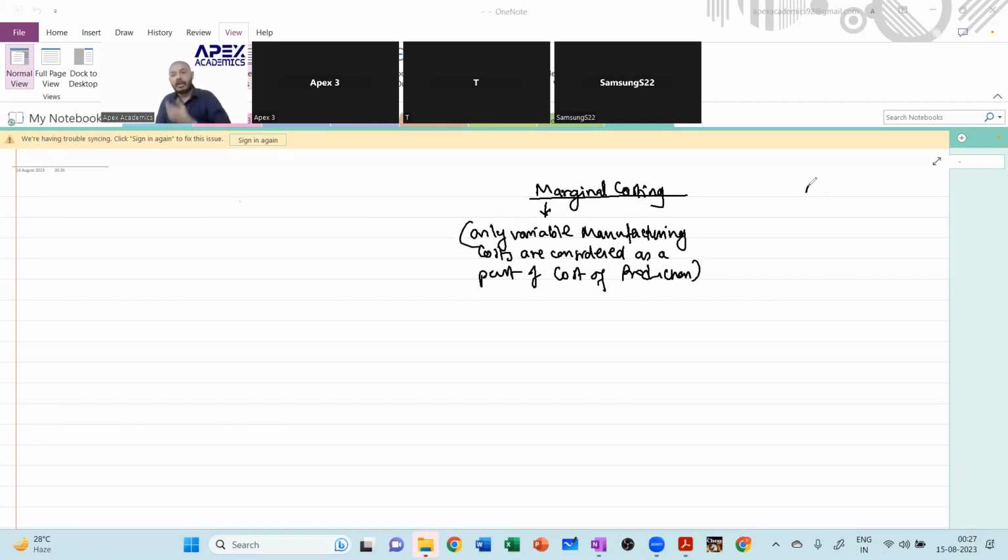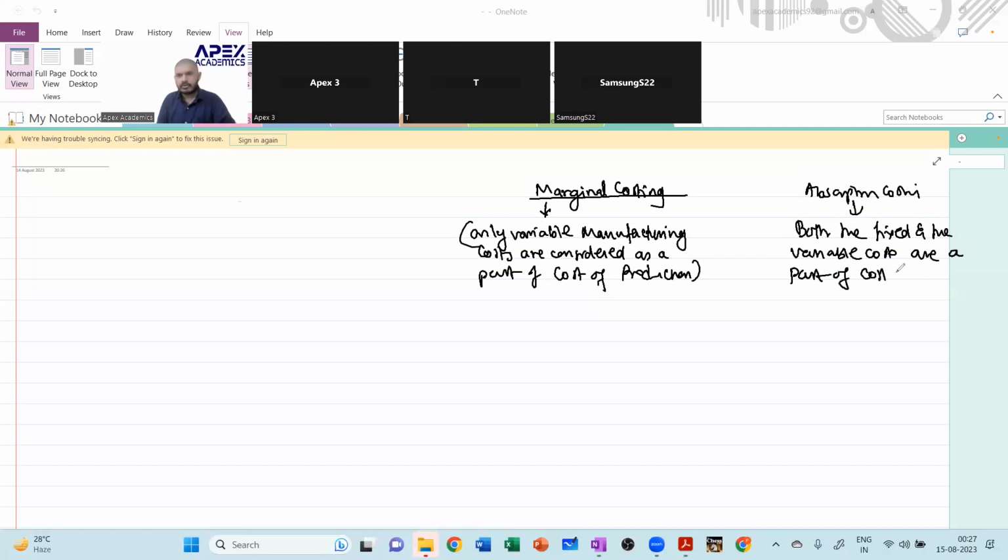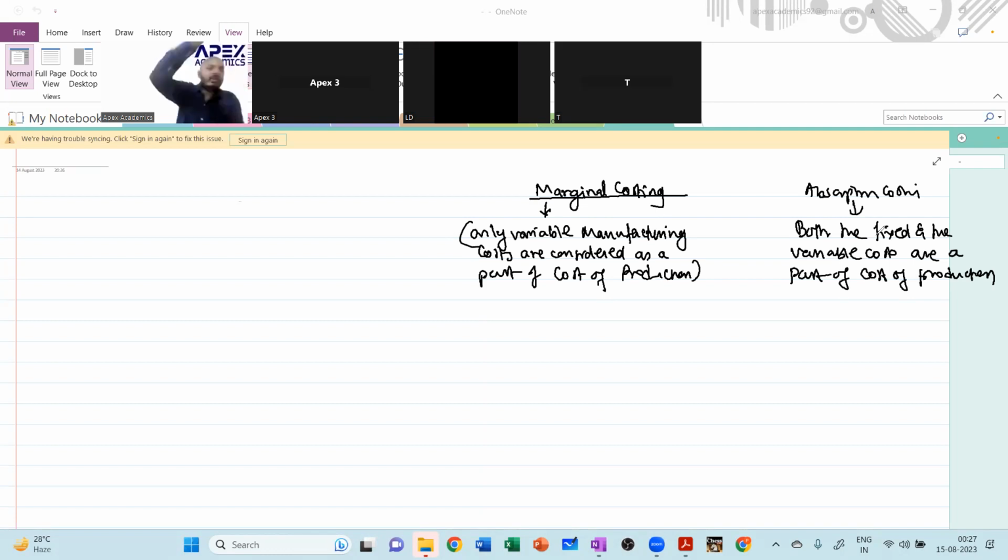And what do you need to know about absorption costing? Both the fixed and the variable costs are a part of cost of production. Agreed or disagreed? Please tell me.